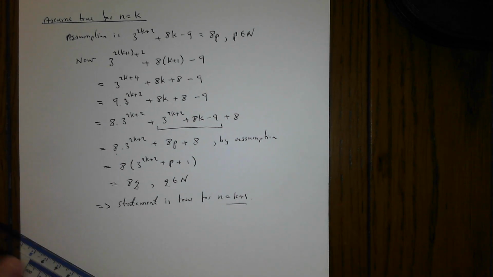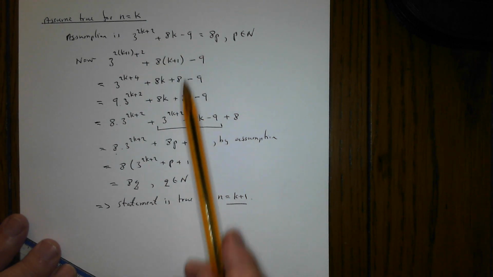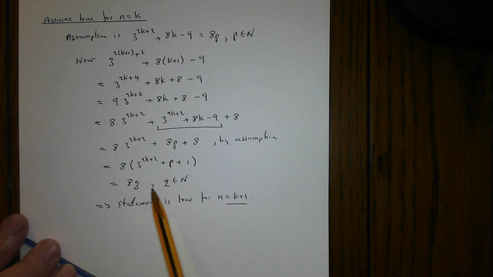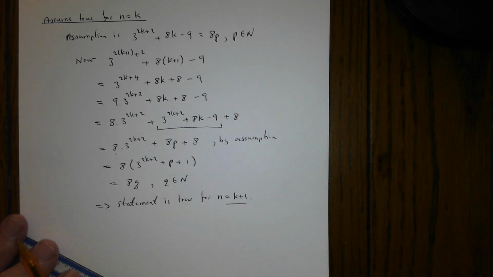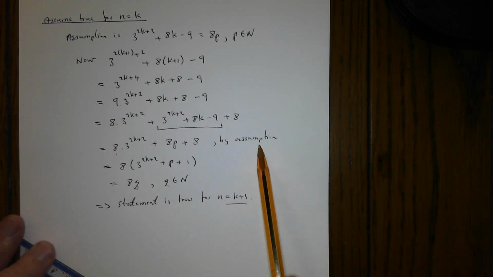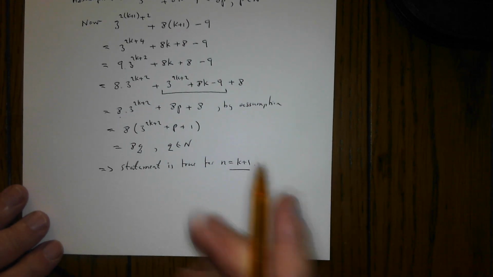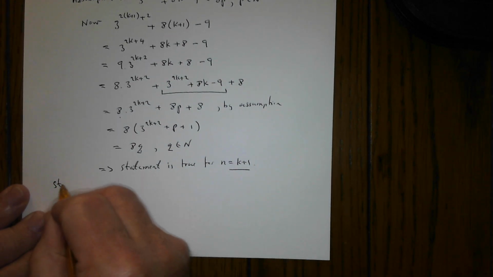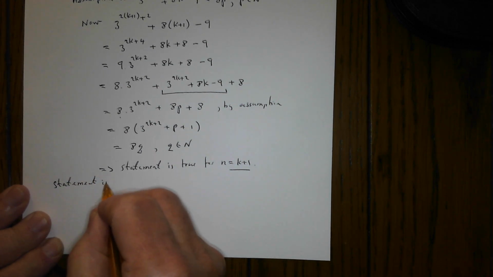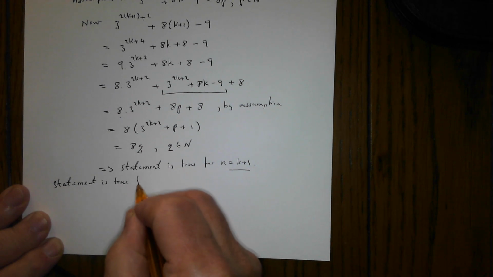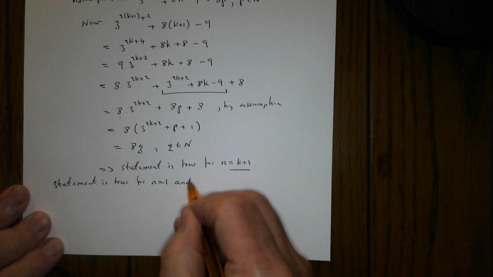So by making the assumption that the statement is true for n equal to k, I'm able to show that it's true for n equal to k plus 1 by using my assumption here. And you have to make a note of that. So we're almost done. All we need is the final statement. Statement is true for n equal to 1, and so that's the starting point.